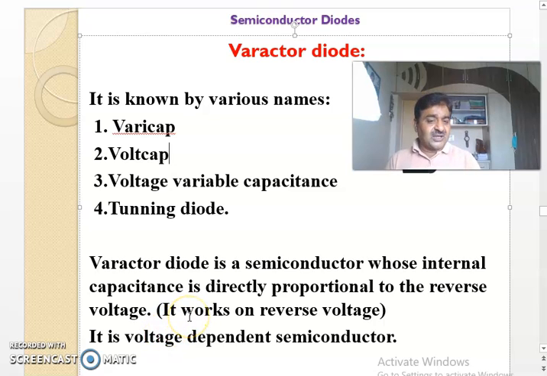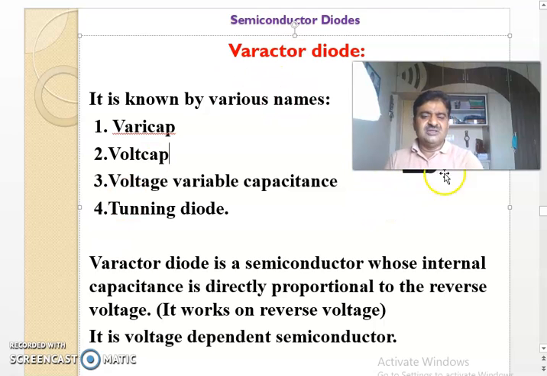Varactor diode is nothing but again a semiconductor whose internal capacitance is directly proportional to the reverse voltage or reverse bias. It works only on reverse bias. It is a voltage dependent semiconductor, a reverse bias dependent semiconductor.